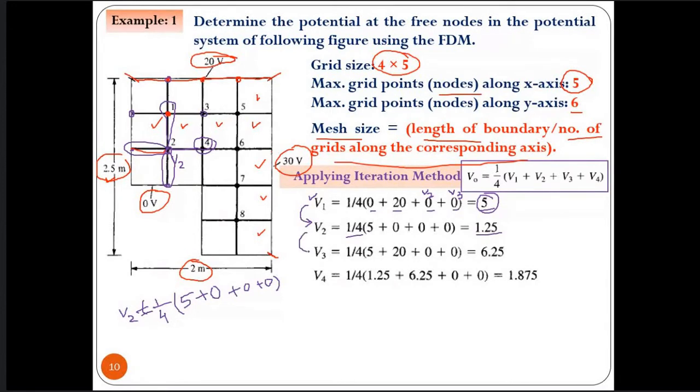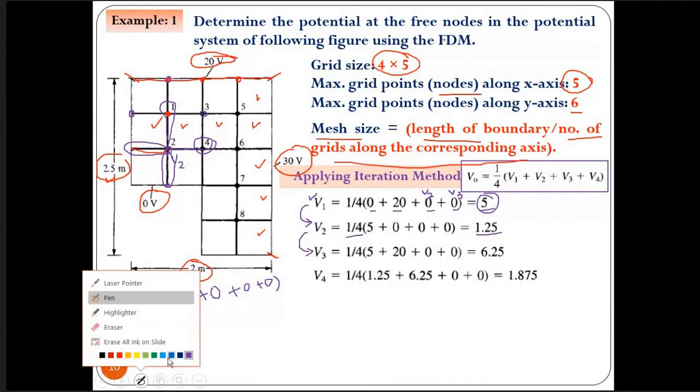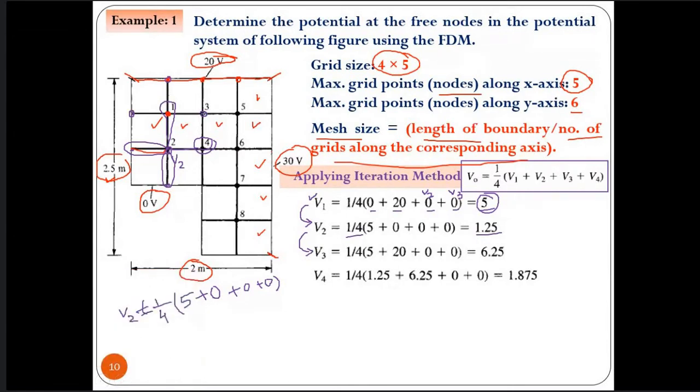Next, someone tell me about V3. Please try to interact. First tell me, it will depend on which nodes: node 1, node 4, and this fixed node of 20 volt.